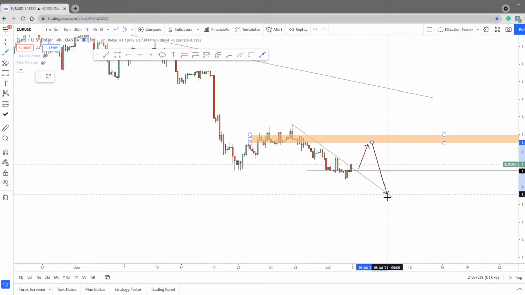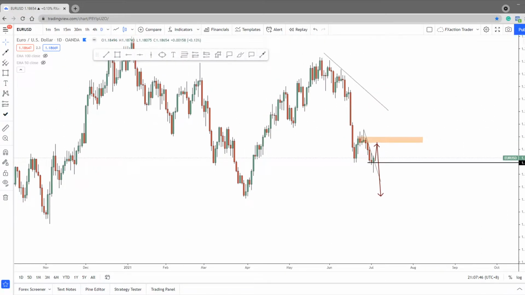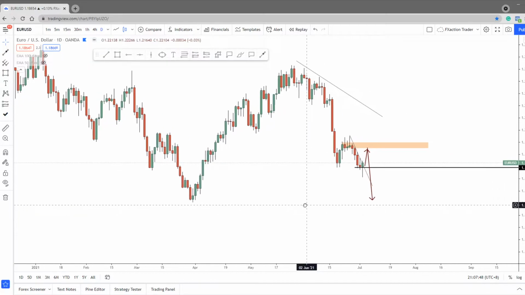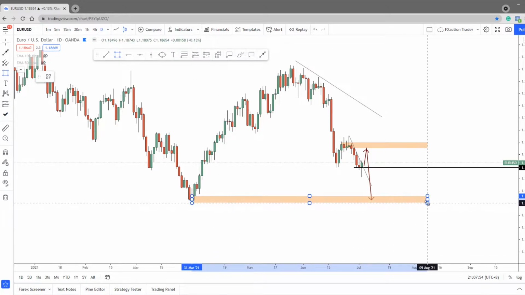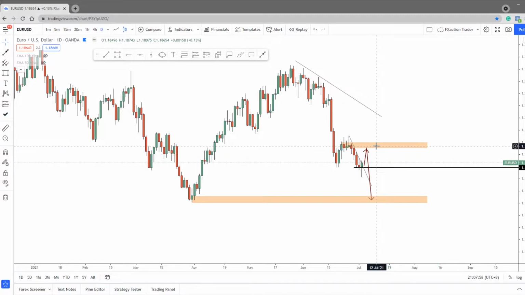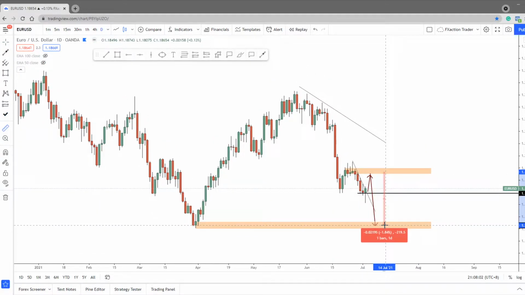Referring back to the daily chart, there is a very high potential that the market might again retest its previous low at 1.7295. From this zone to this previous low, there is about 200 pips of movement that we have a very high potential to get.